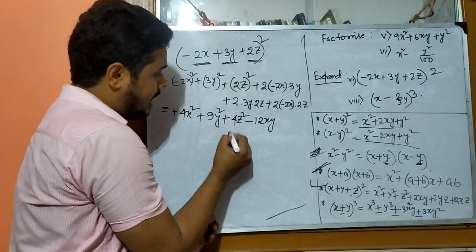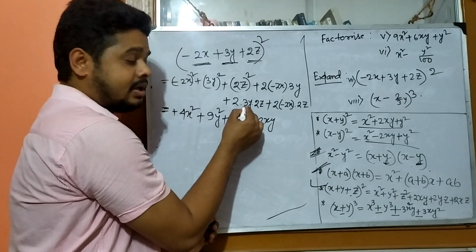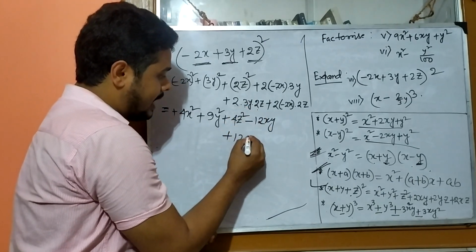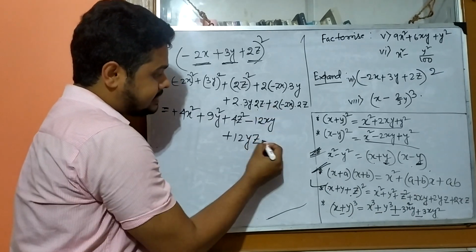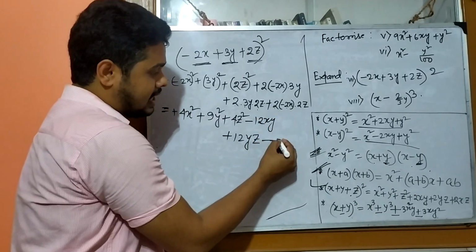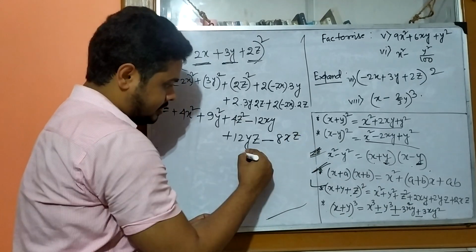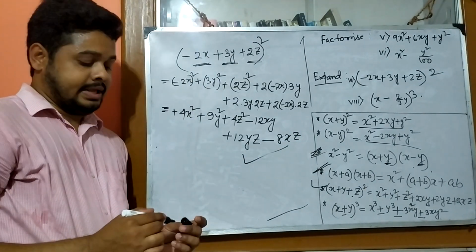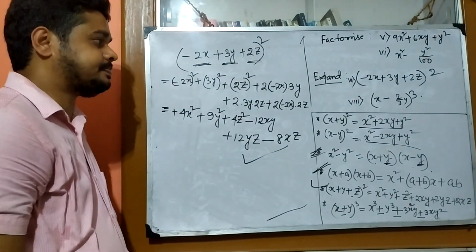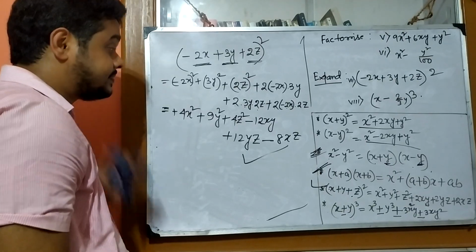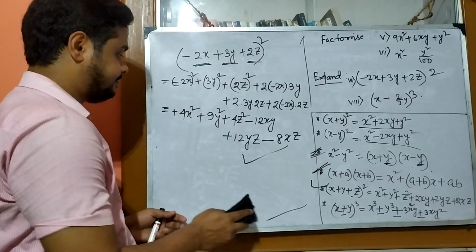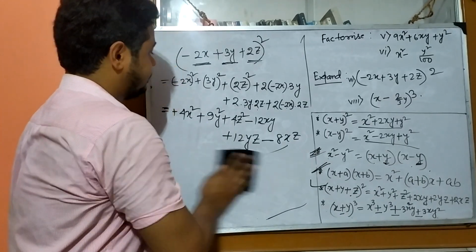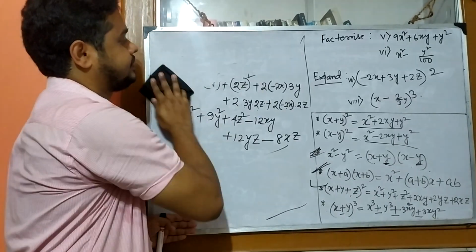After that plus 2 3s are 6, 6 2s are 12 yz. After that plus minus minus 2 2s are 4, 4 2s are 8 xz. So that is our expansion. Clear? Now we are coming to the next problem. Understood everyone?